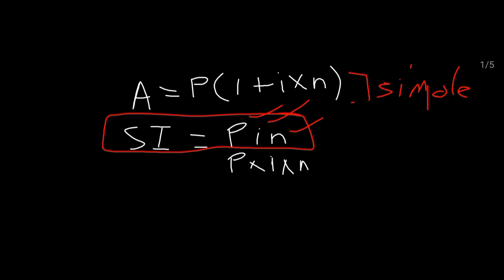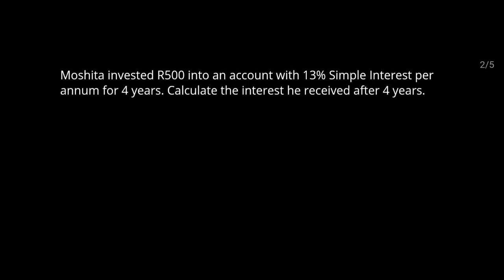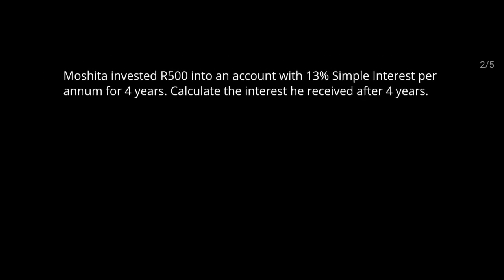Let's look at an example. Mushita invests 500 rand into an account with 13% simple interest per annum, per year, for 4 years. Calculate the interest he receives after 4 years.